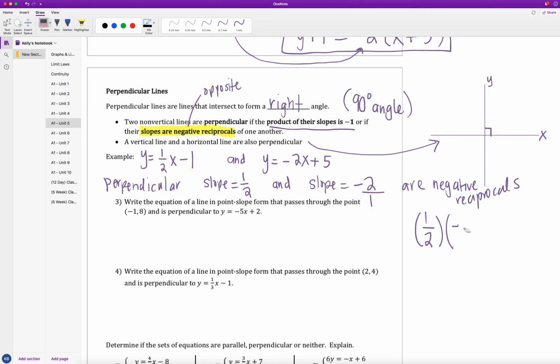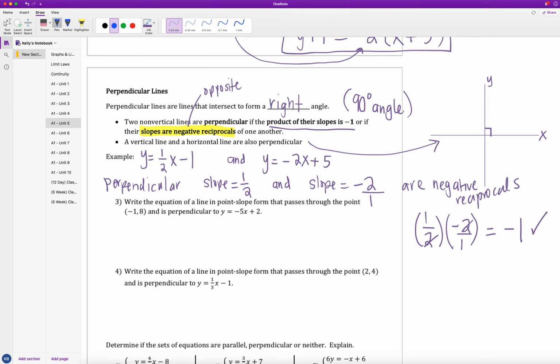When I multiply these, the 2's cancel, since that's technically a 2 on top and a 2 on the bottom, and I end up with -1. So that's another way to verify that we have perpendicular lines: when I multiply their slopes, they should give us a product of -1.